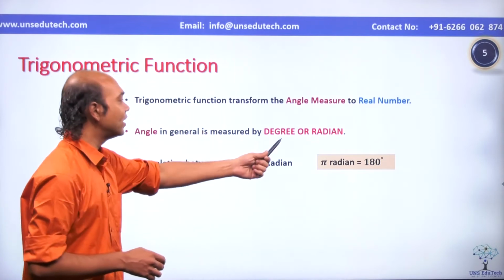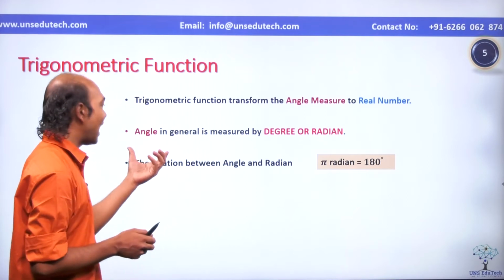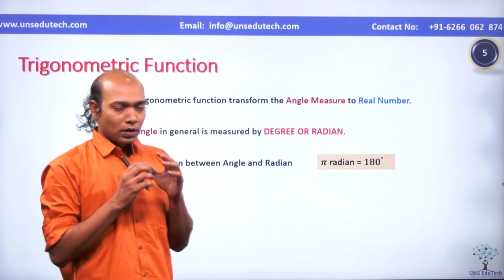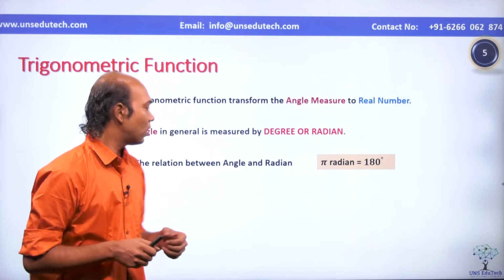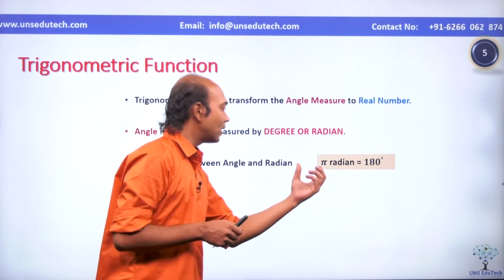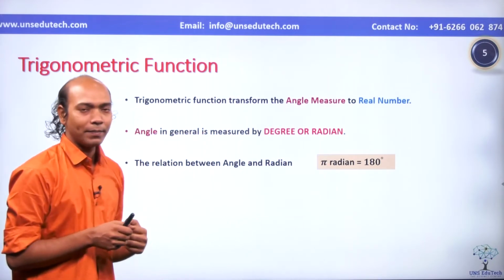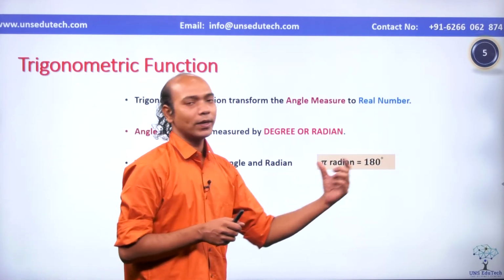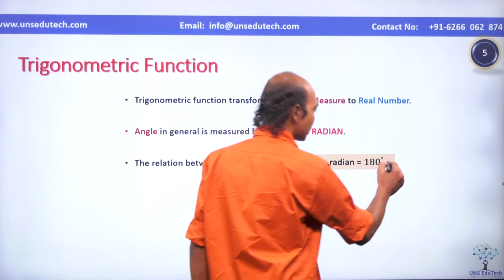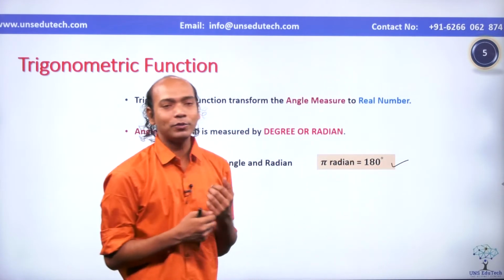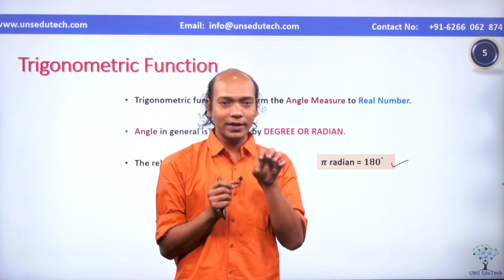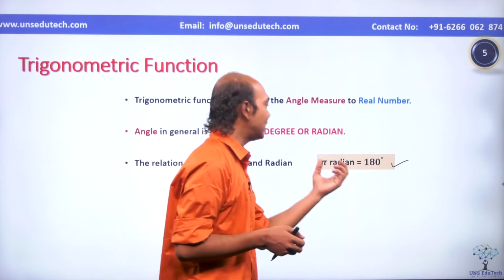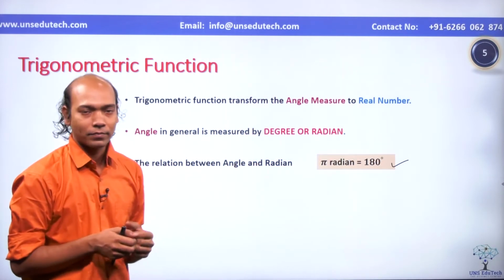So there are basically two measures available for angle. The relation between angle in radian measure and degree measure is that pi radian is 180 degrees. Just remember that whenever we have to convert values from radian to degree, we use 180 degree equal to pi radian.